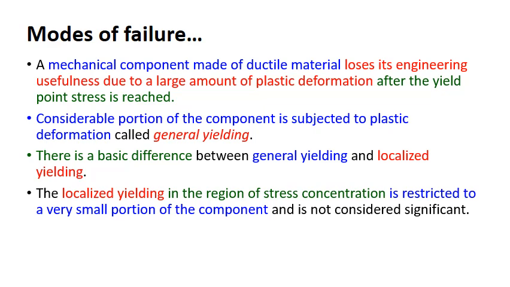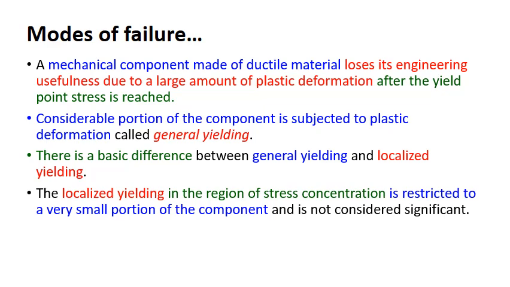In components subjected to plastic deformation, you must ensure that the stresses induced in the component do not reach yield strength. That's all in this case. Whereas in the previous case, the elastic deflection must not exceed the specified limit.